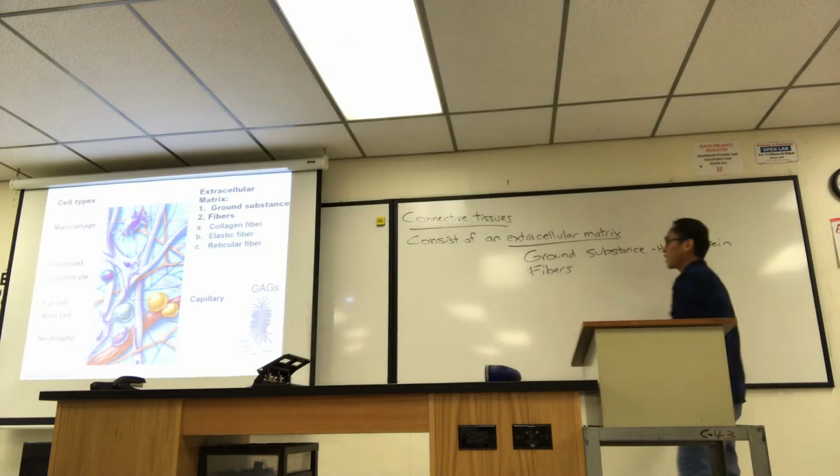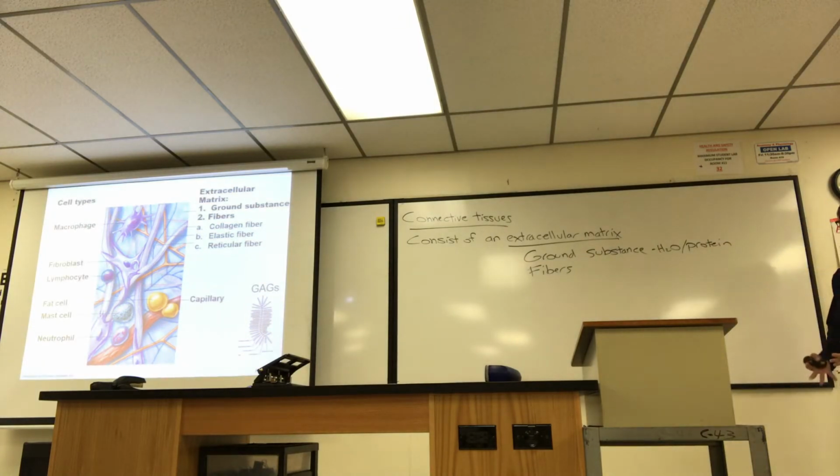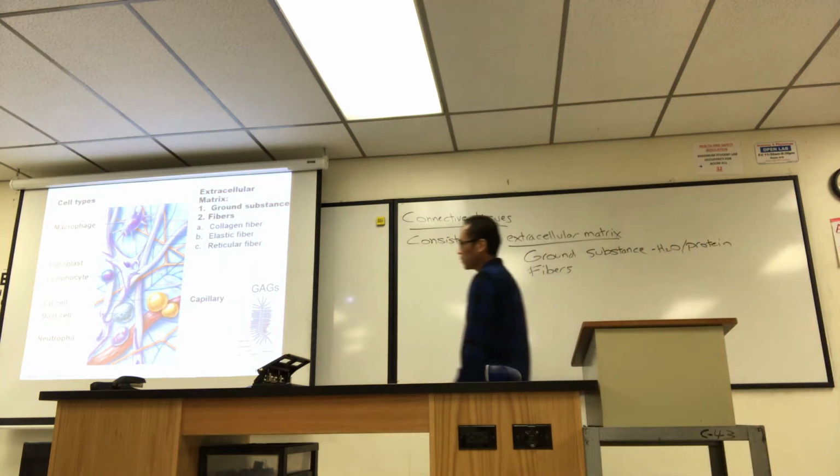Fibers are what make connective tissue, as the word says. It connects things together, it binds things together, and when you look at it under the scope, you can really appreciate that. The little inset I have there, the GAGs, stands for glycosaminoglycans.